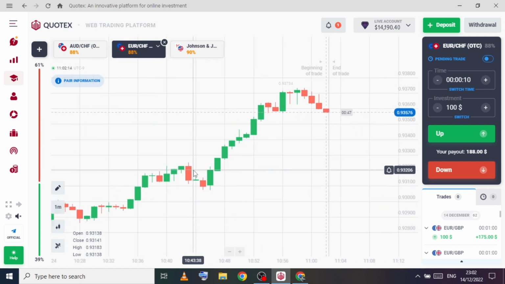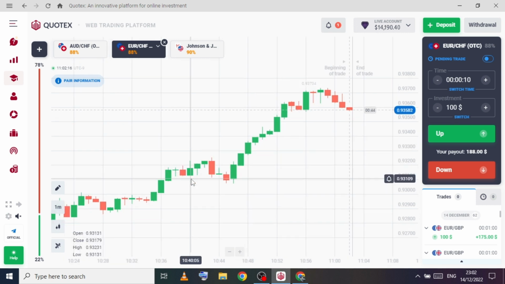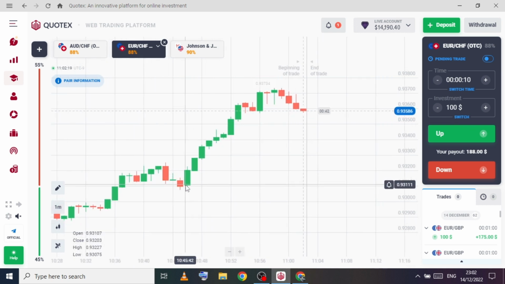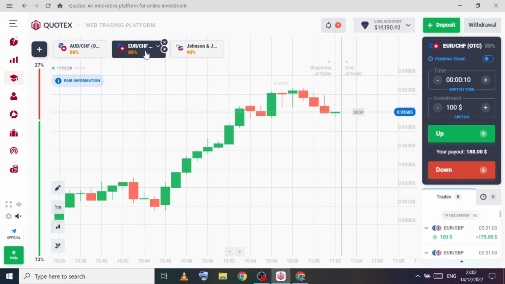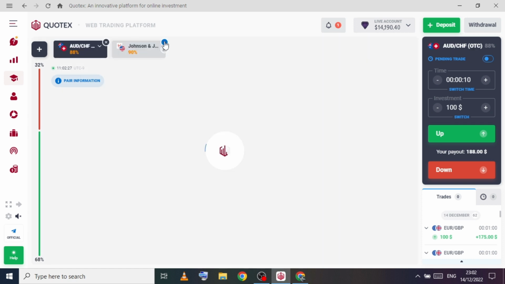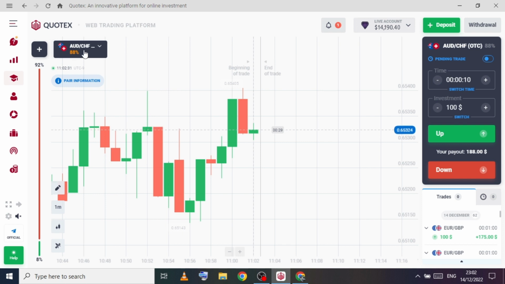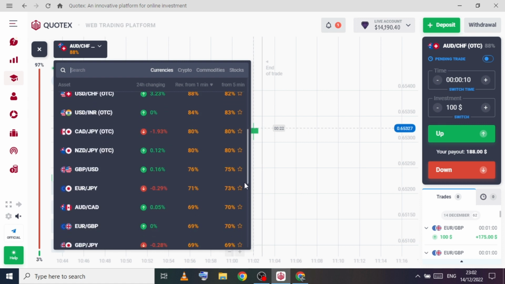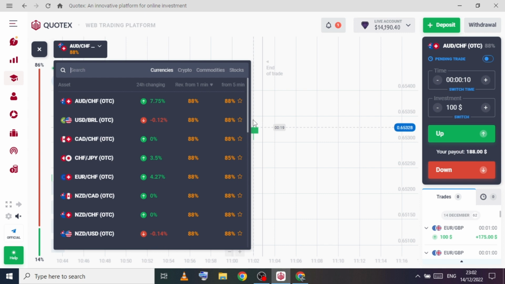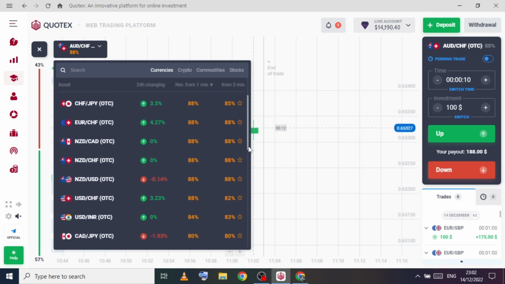And also there's this other thing, like people say when I'm using this broker, I don't think that the price is moving the same as other brokers. Just check that you're not on an OTC market, because this market, OTC, is actually over the counter. If you go down here, you will see maybe the same asset that you see over the counter, you're going to see it where it's not over the counter.